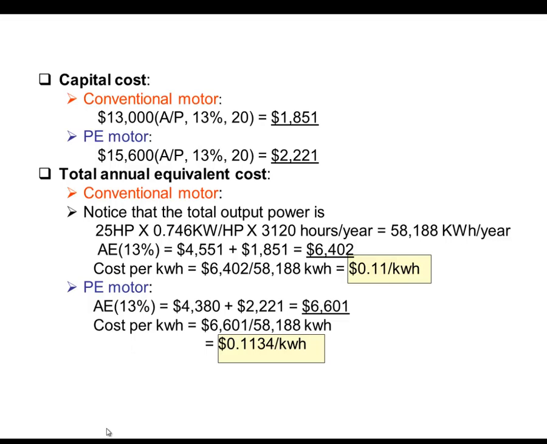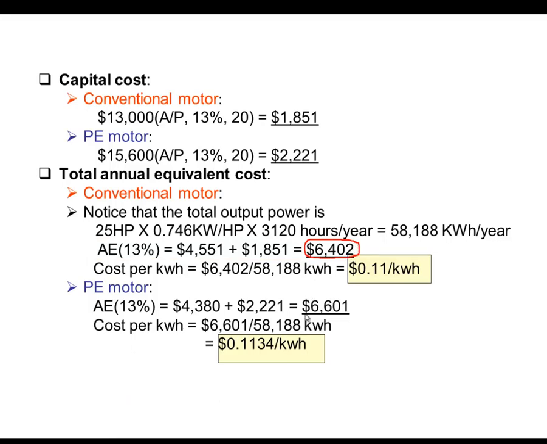The total equivalent cost for the standard motor with the annual equivalence at 13% will equal 4,551 plus the 1,851, which will equal $6,402.